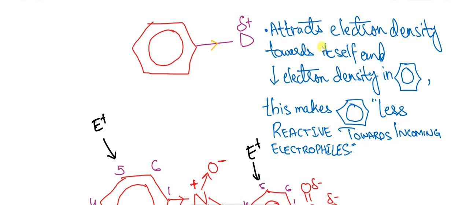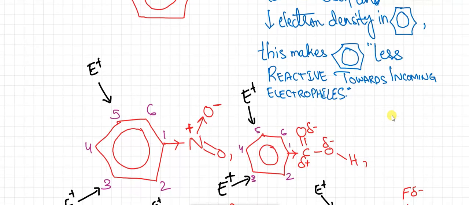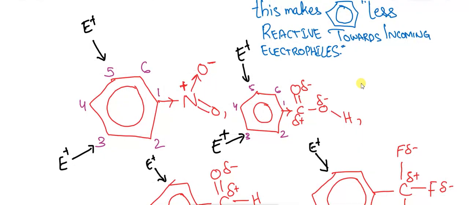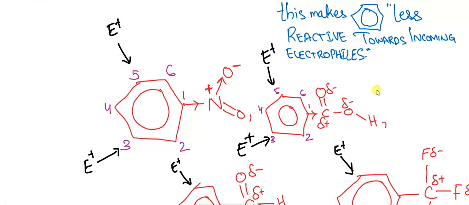They attract electron density towards themselves, and hence the electron density in the ring actually decreases, which makes the benzene ring less reactive towards incoming electrophiles, because the electrophiles are actually attracted towards regions of high electron densities. So when the electron density in the benzene ring will decrease, the incoming electrophiles will be less likely to attack these groups.